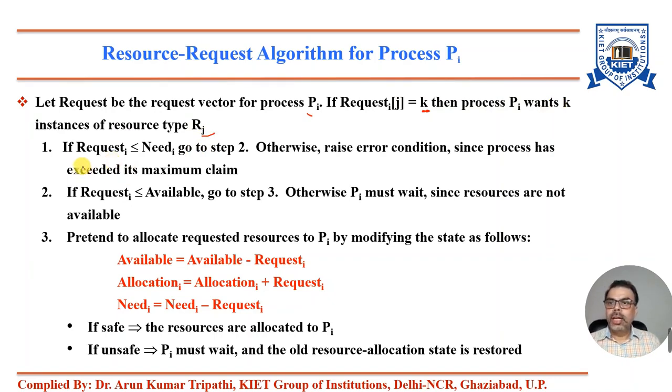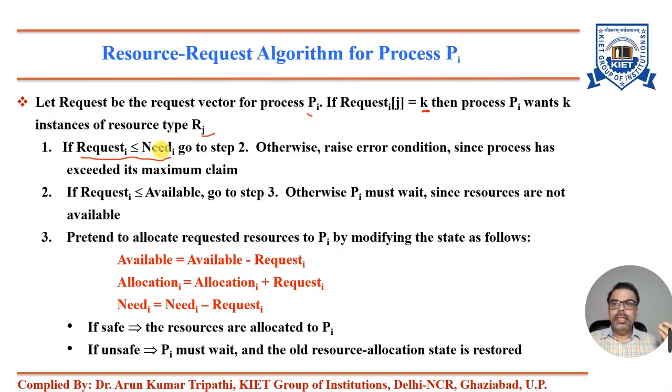Firstly, I will check whether Request is less than or equal to Need or not. If I am requesting four resources and I need only two, then why would I take two extra resources unnecessarily?